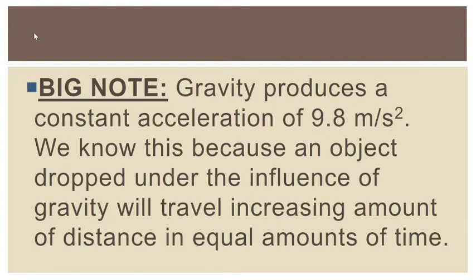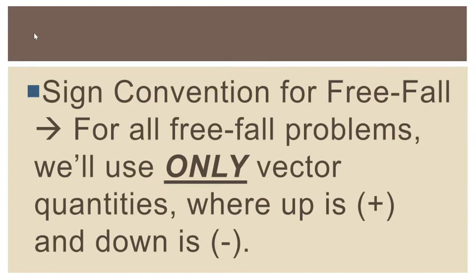Having said that, there is one super important detail for everybody to remember, and that is the sign convention. For free fall problems, we only use vector quantities, where up is positive and down is negative.